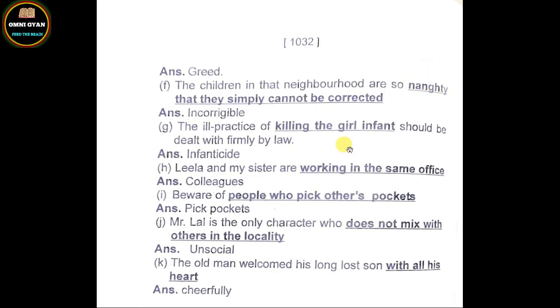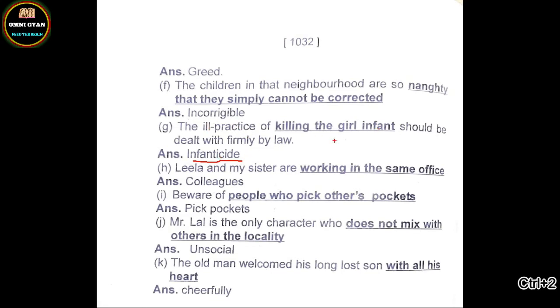Then the ill practice of killing the girl infant should be dealt with firmly by law. So killing the girl infant is replaced by the word infanticide. So the ill practice of infanticide. Killing an infant girl, killing a baby girl means infanticide.